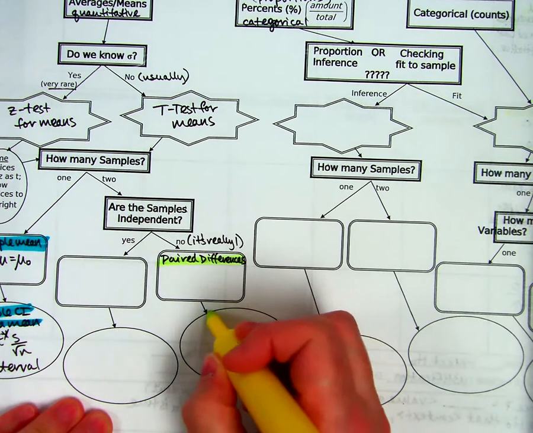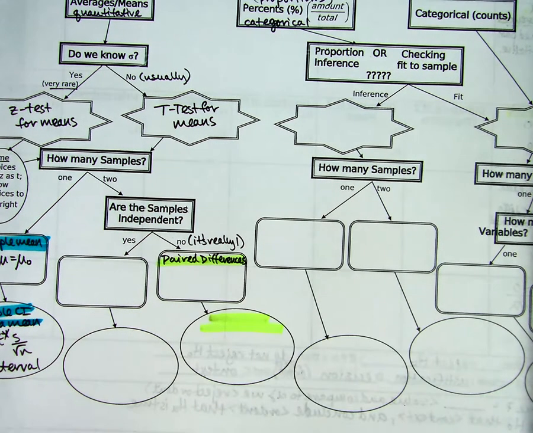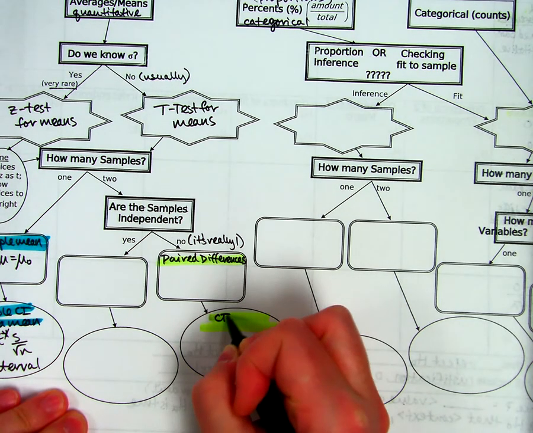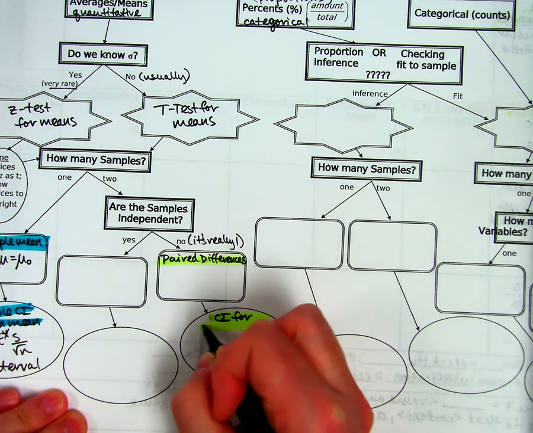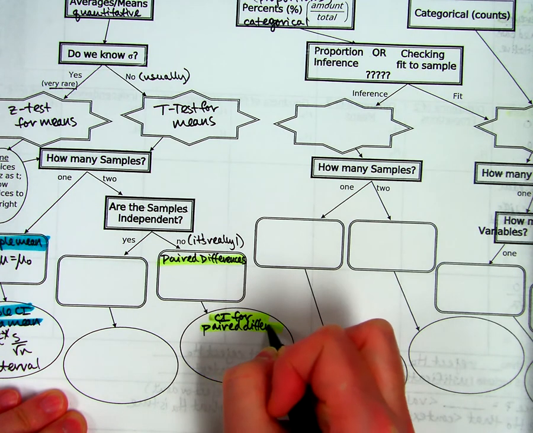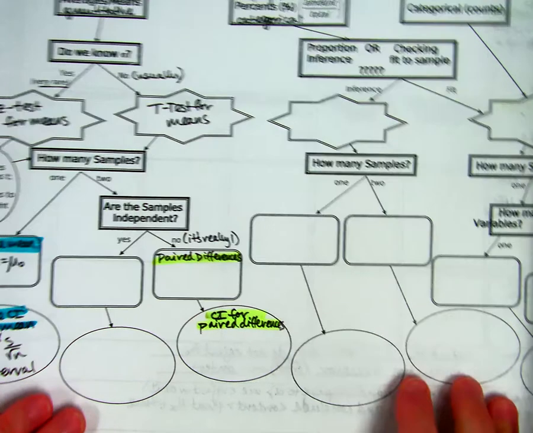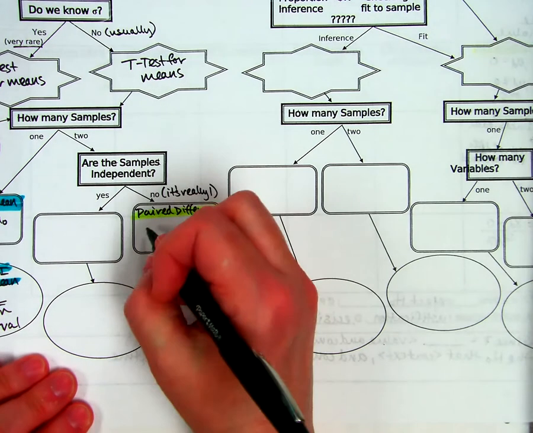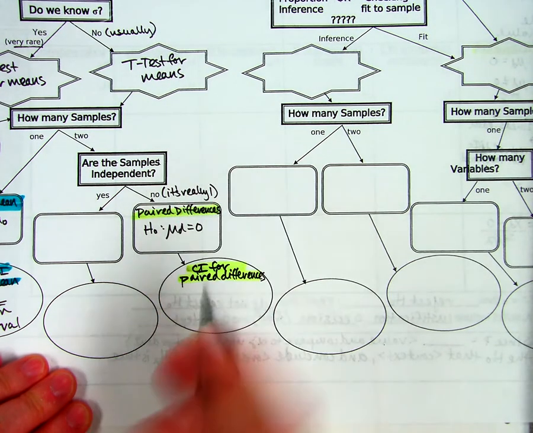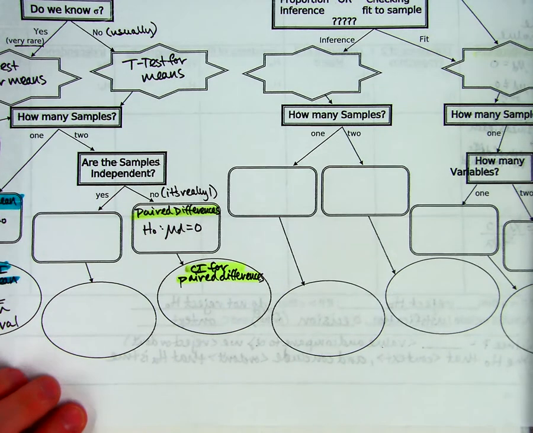And we also might be doing down here, it's not quite so obvious because in chapter 8 we didn't talk about this, but we might also be doing a confidence interval for paired differences. That sometimes happens. So let's write the formulas for those. The null hypothesis would be mu d equals 0, and that would help you find the right column on the other side.